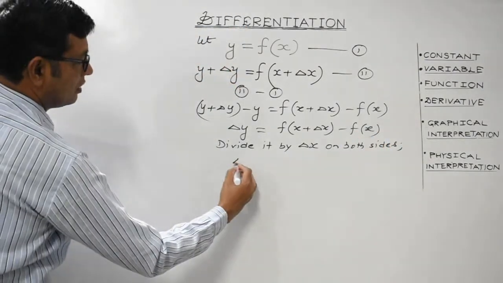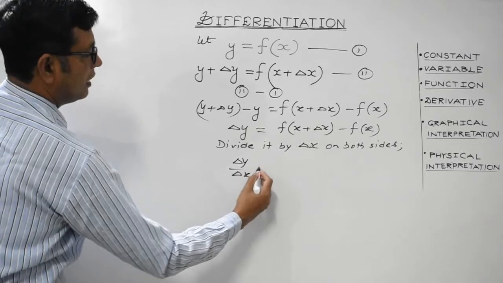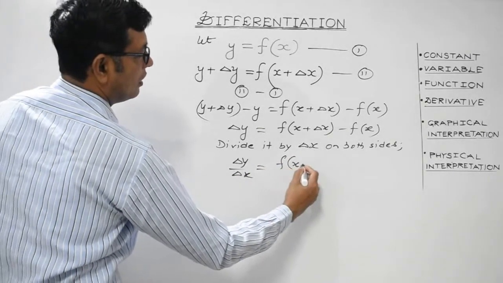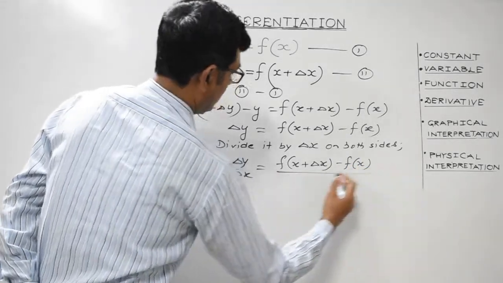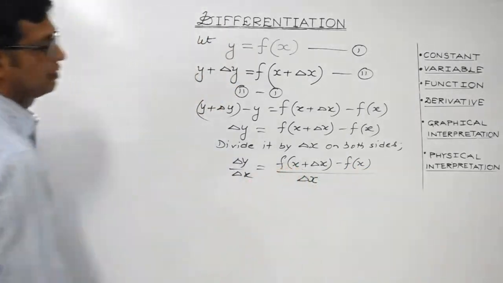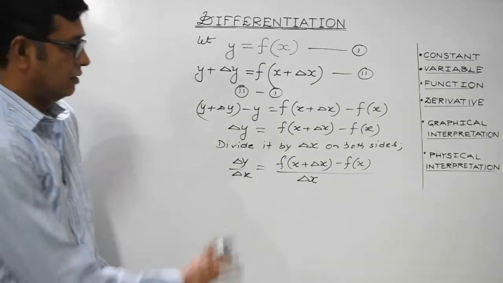What we get is del y divided by del x is equal to f of x plus del x minus f of x, divided by del x. Okay?